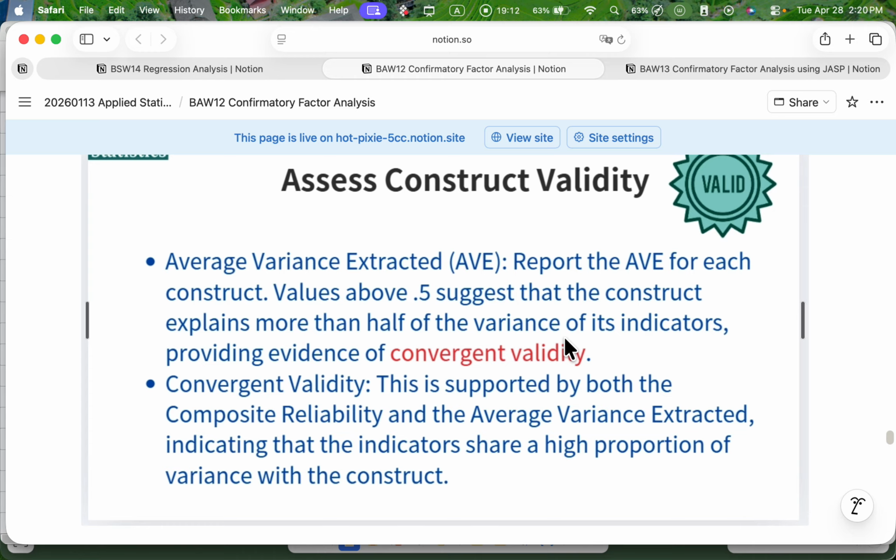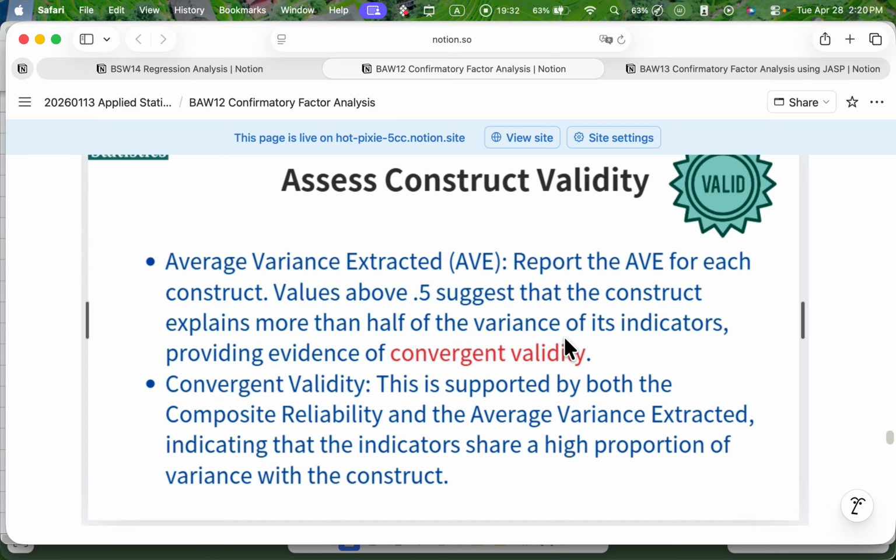If I have 5 constructs, I also have 5 AVEs, and you have to make sure each AVE is greater than 0.5. That's the threshold.